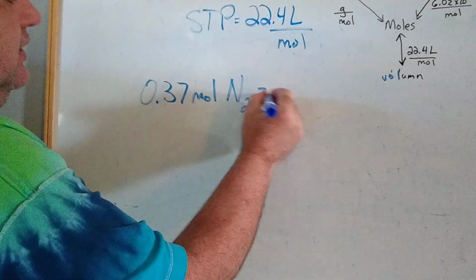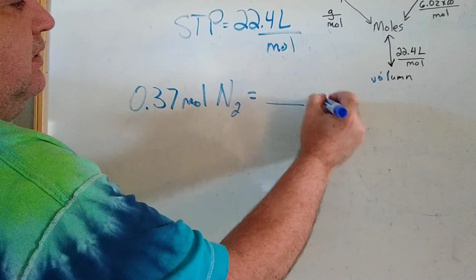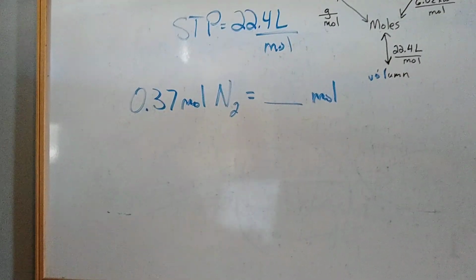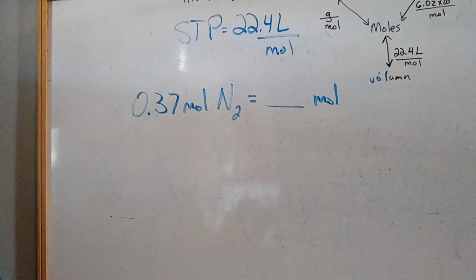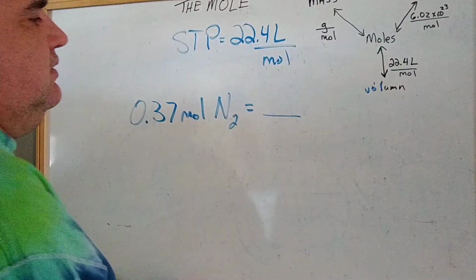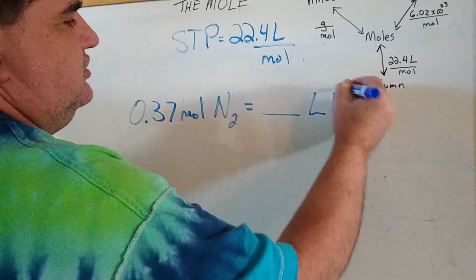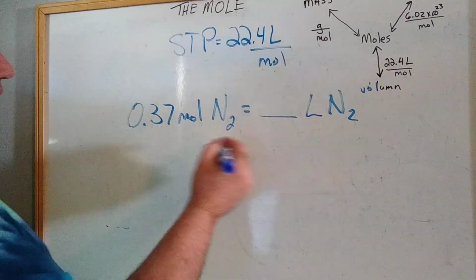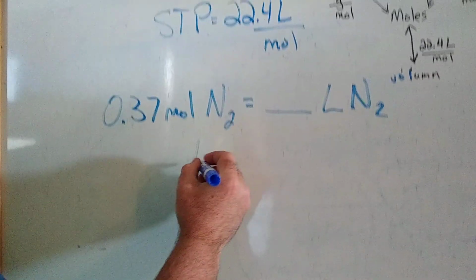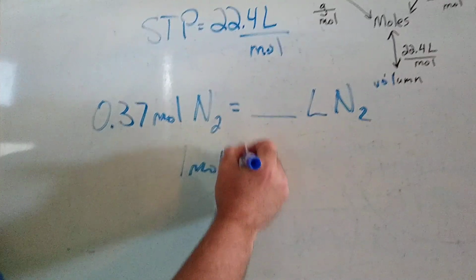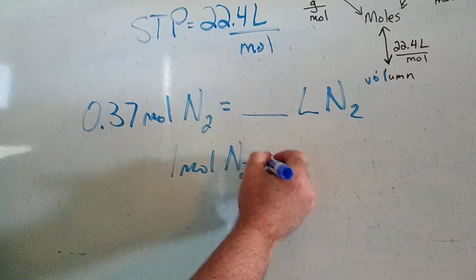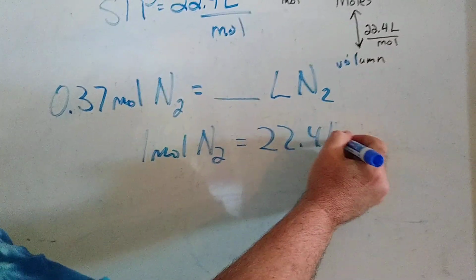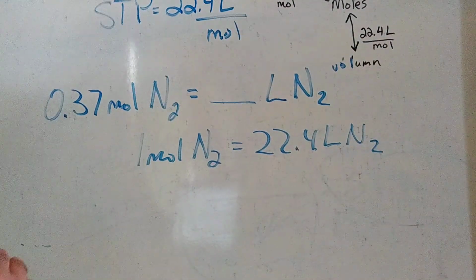Diatomic. It is equal to how many liters of nitrogen gas? So again, I'll write my equality out for this one. We know that 1 mole of nitrogen gas is equal to 22.4 liters of nitrogen.